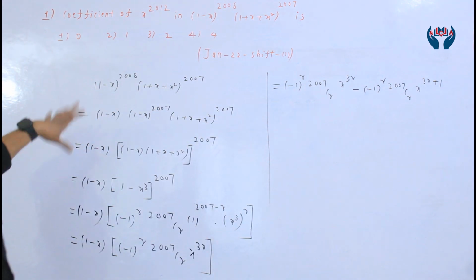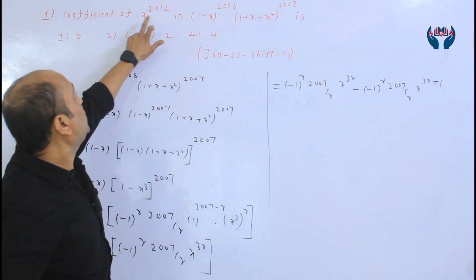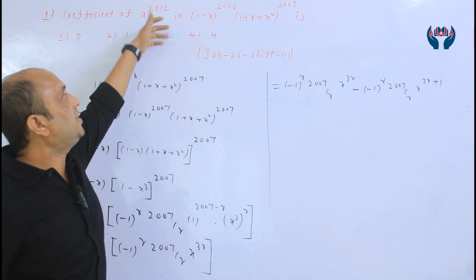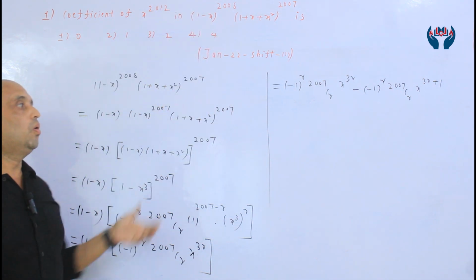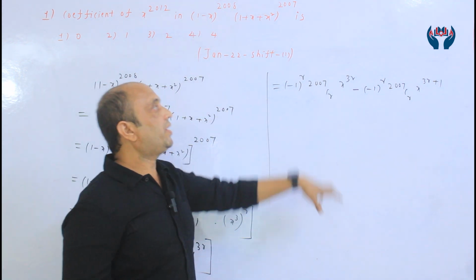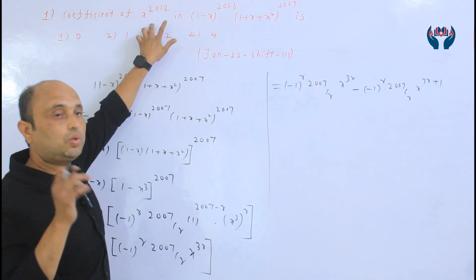So we want to find the coefficient of x to the power of 2012 in this expansion. I simplified this whole thing like this, and now we can find it easily. Just equate the x power, which is 3r, to 2012, because I want to find the coefficient of x to the power of 2012.